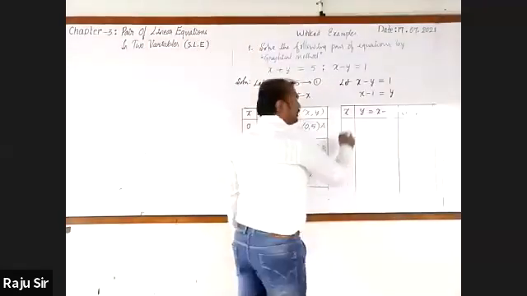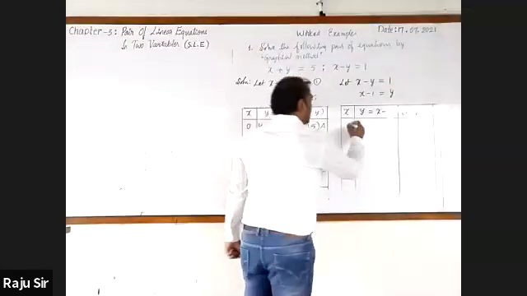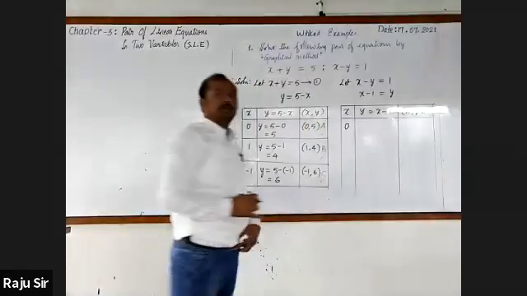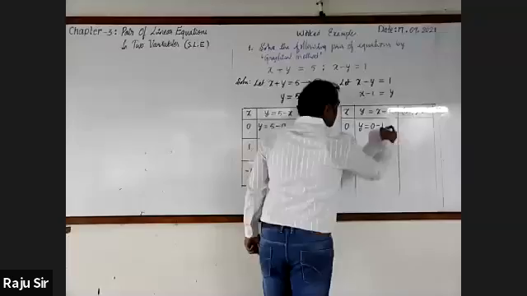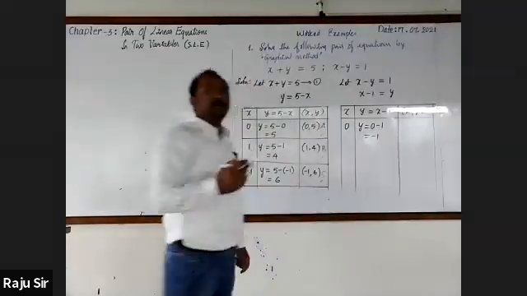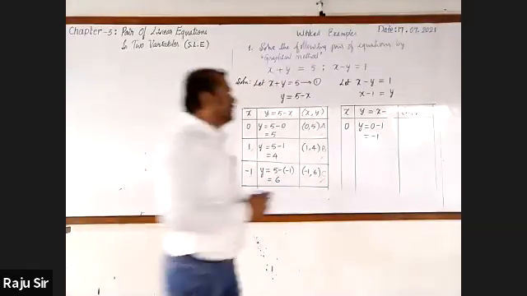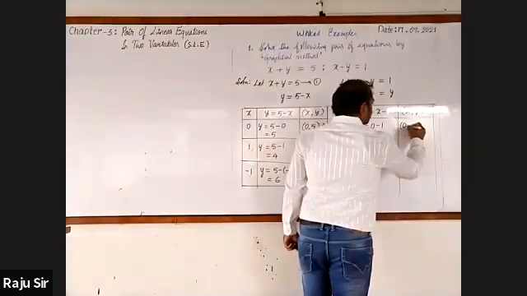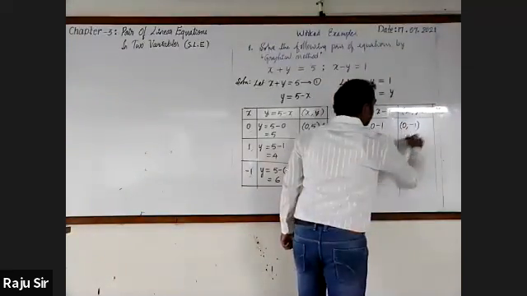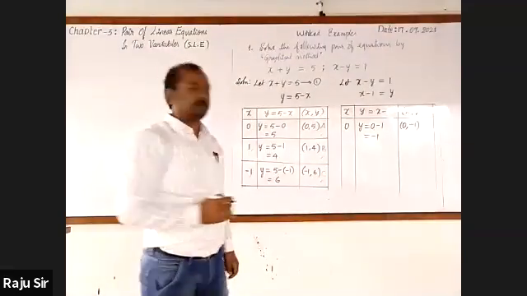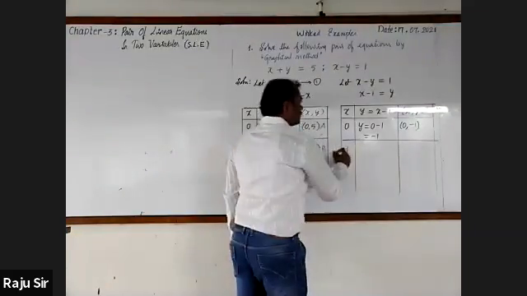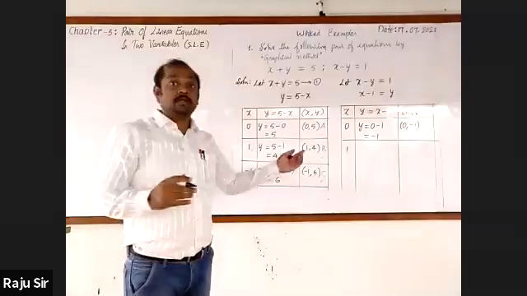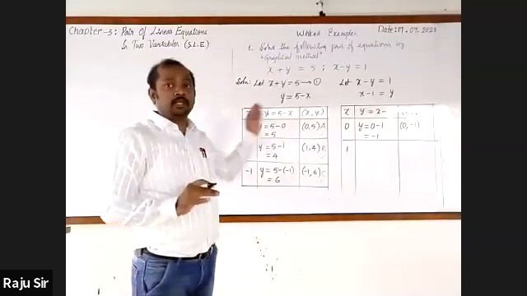Now, go for choosing the values for x. I take 0 in place of x. Then y is equal to 0 minus 1. This is minus 1. So, coordinates of a point is 0 comma minus 1. The first point is over. Next point. You may take 1, or as I said, no rule that you have to take these numbers only.